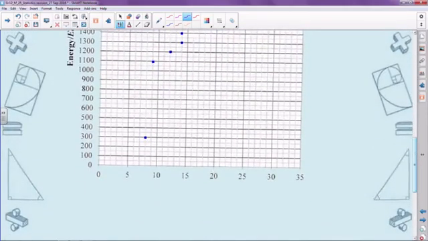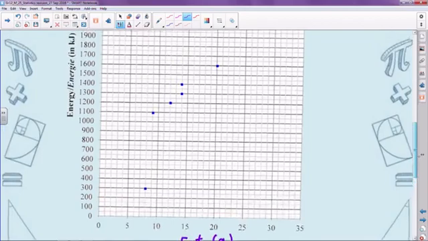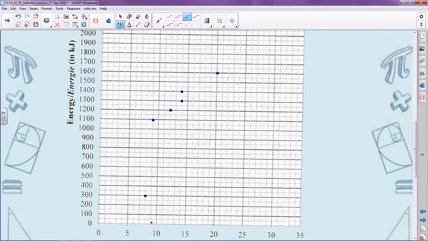The energy is on the y-axis, the fat in grams is on the x-axis. So when the fat content was 9, the energy released at that point was 1,100 kilojoules. That's where the two meet, that's where we put a dot.